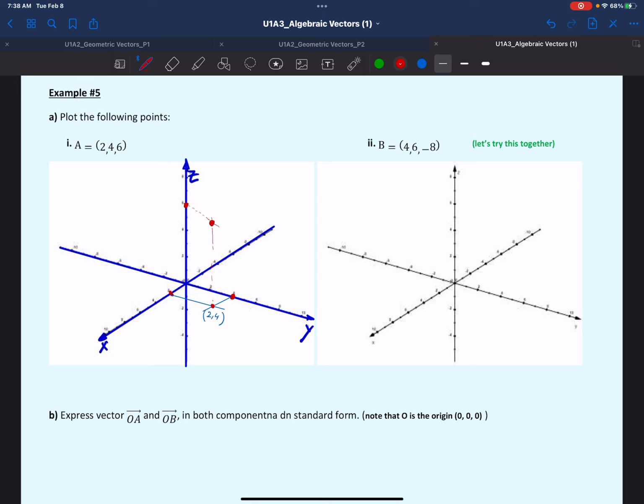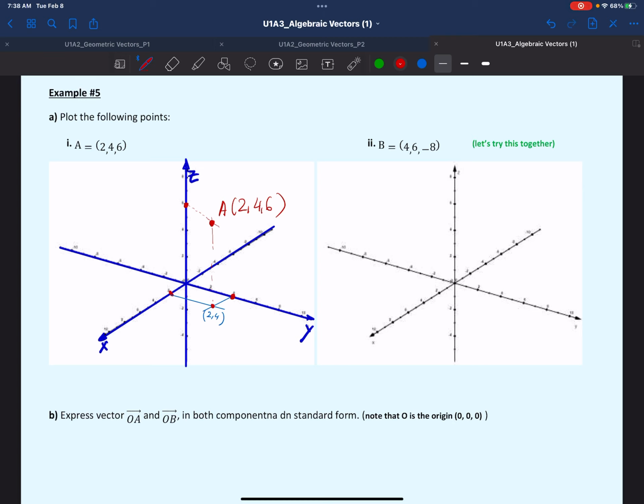With the y-axis, with the whole thing actually here. Okay, so we make sure that we are rising 6 units up. And this will be the point A, 2, 4, and 6.